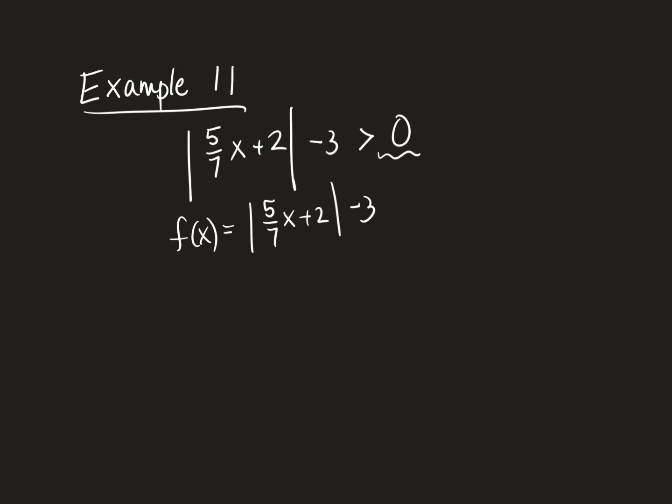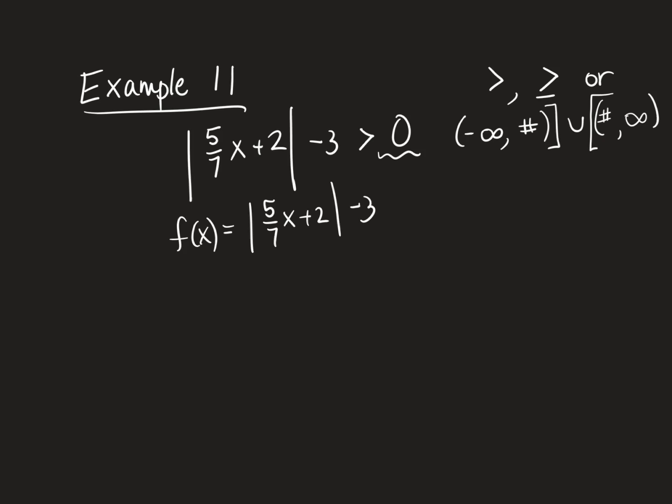Replacing the 0 with f of x, I'm going to remember that greater than is an OR problem, and that my OR answers are written as an interval from negative infinity to my first solution, then a union, a parenthesis or bracket based on your symbol, to positive infinity, with the second point of intersection there.